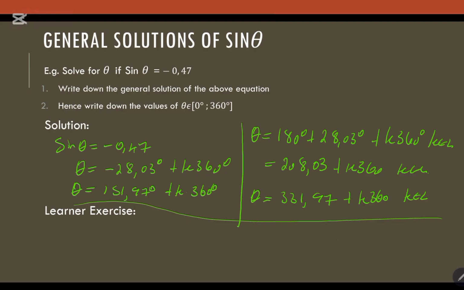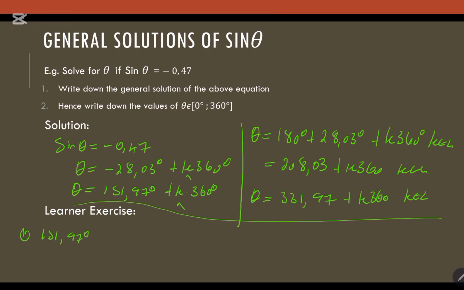And they say hence write down the values of theta between 0 and 360. So between 0 and 360, let's start with this one that has negative values. If I replace K with 0 here, it says theta is negative 28.03. So that angle is not within 0 to 360. I leave that out. If I replace K with 0 here, the angle I get is 151.97. So the first angle we get is 151.97 degrees.